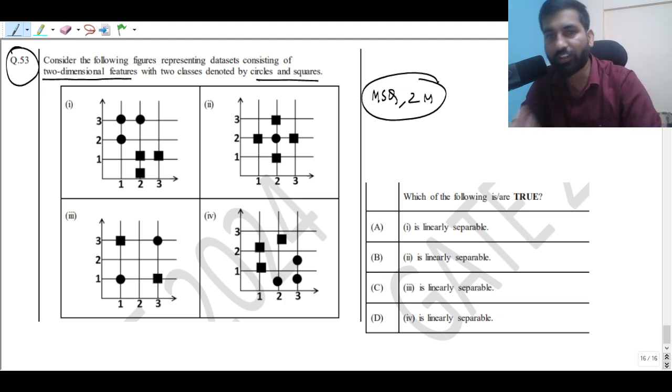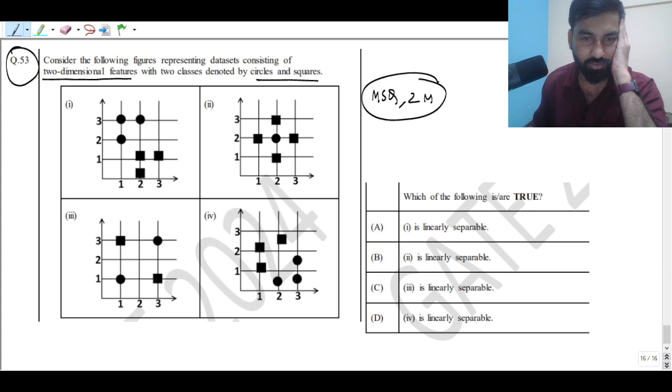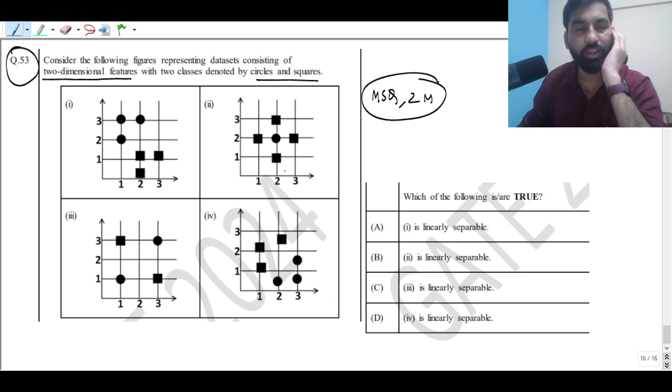This is one of the very fundamental concepts in machine learning algorithms, like linear classifiers such as logistic regression, support vector machines, and so on and so forth, right?